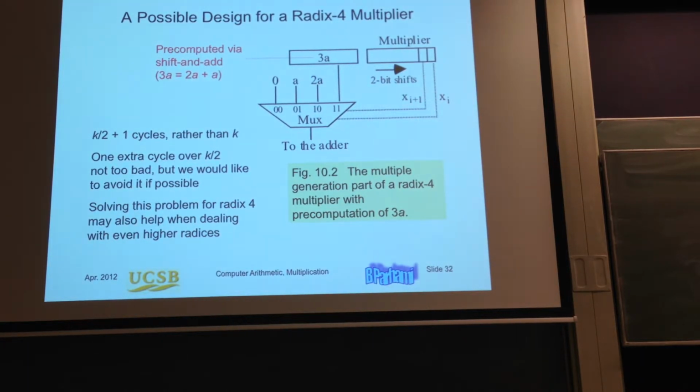Not all of them, but most of them are simple, the ones that I'm doing with shifts. But if I increase, I have to generate 5a, 7a, 9a, then things are getting more and more complex. And then whatever I'm winning by diminishing the number of cycles may be lost due to the complication that I'm getting there.